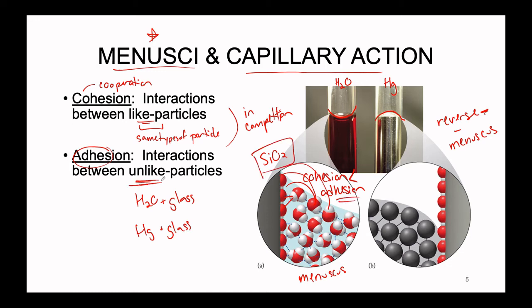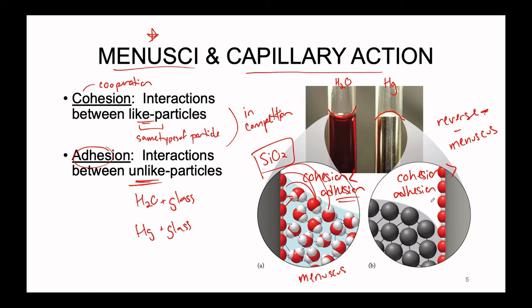All right, mercury, we can see the exact opposite. The reverse meniscus as the result of cohesion being stronger than adhesion. And the zoom-in of our convex meniscus demonstrates this as well. Mercury, which is a metal, is much more stable and well suited for interacting with other metals, and therefore wants to get away from the silicon dioxide wall.